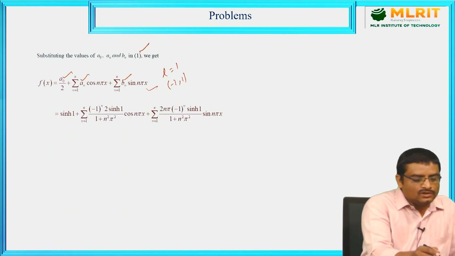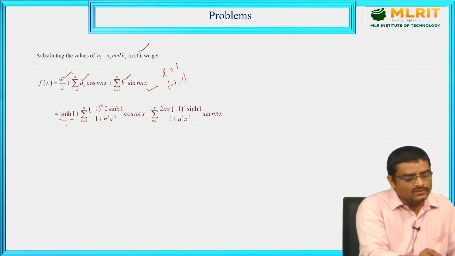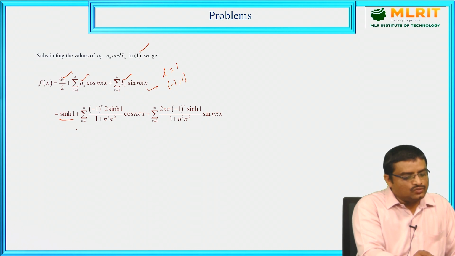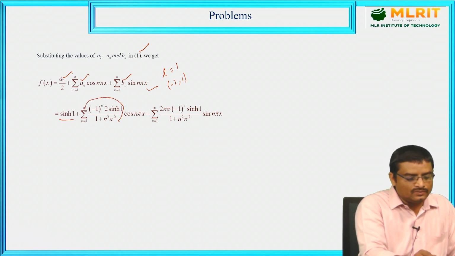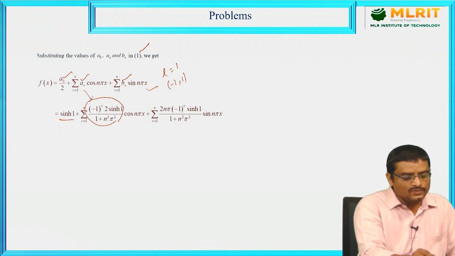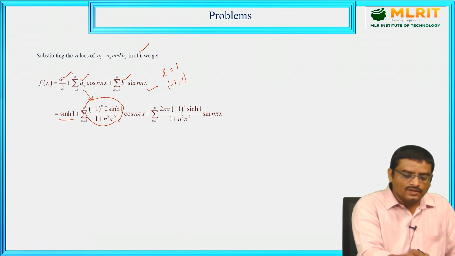So we got a naught is equal to this value 2 into sin h1, 2 gets cancelled, we can take sin h1 plus summation n is equal to 1 to infinity an. We got that an is equal to this value here. So we replace an with its value and write cos n pi x as it is. Plus similarly in the second summation also replace bn value.